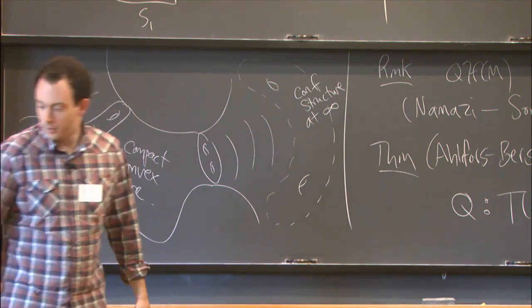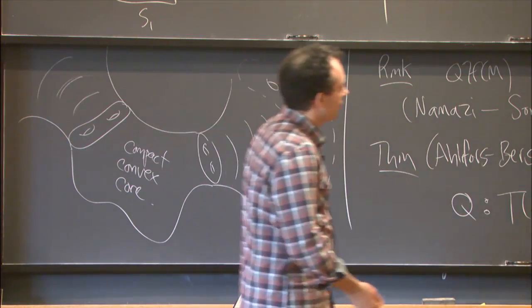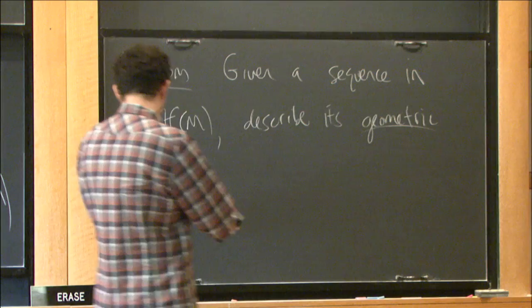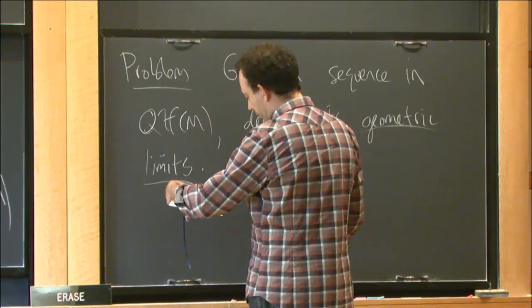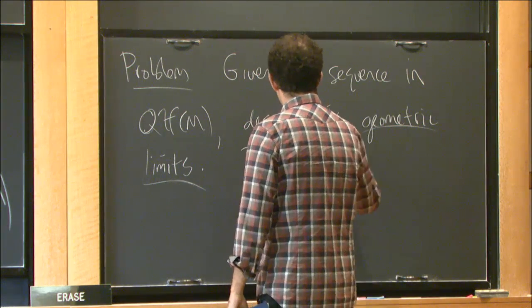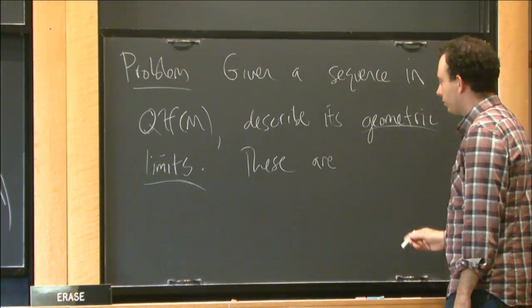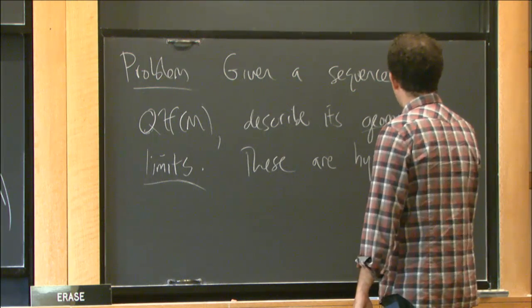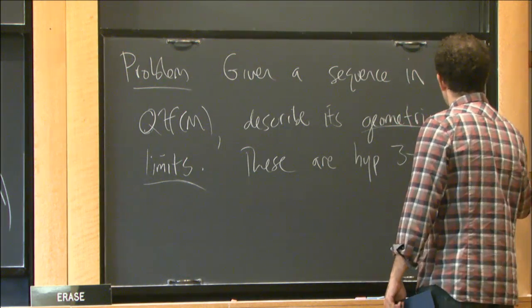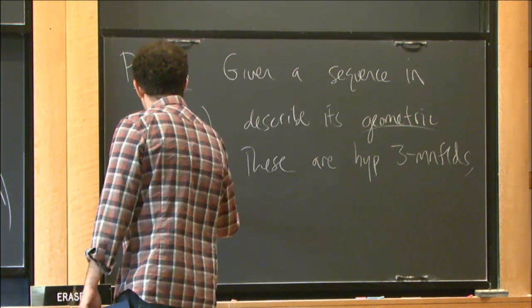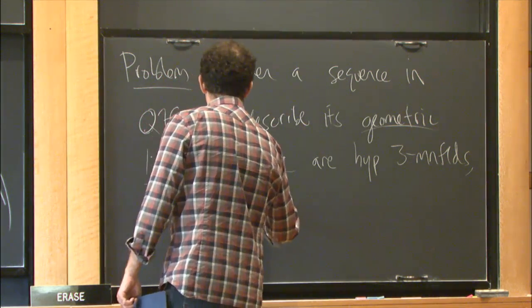To state this a little more precisely, I'll say it vaguely right here: these geometric limits that I'm talking about are hyperbolic 3-manifolds, but maybe not homeomorphic to the interior of M.